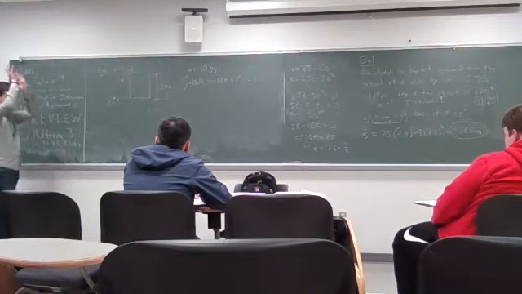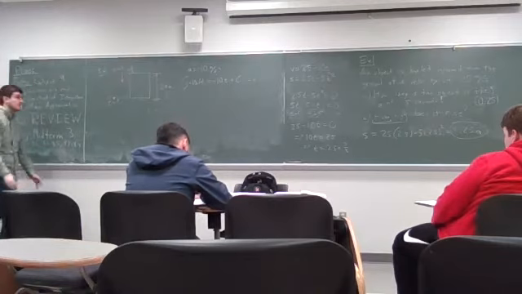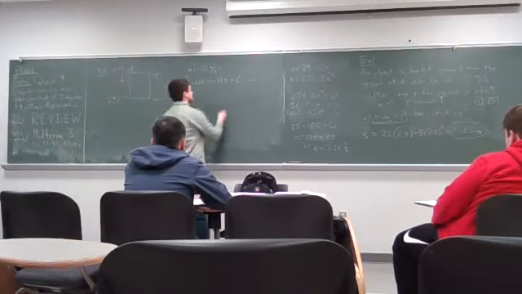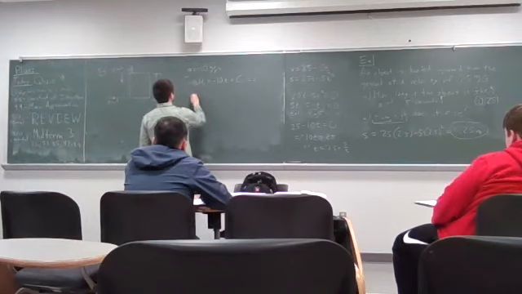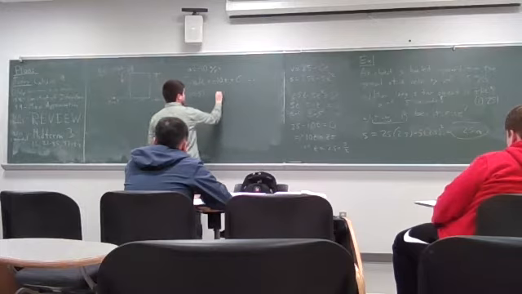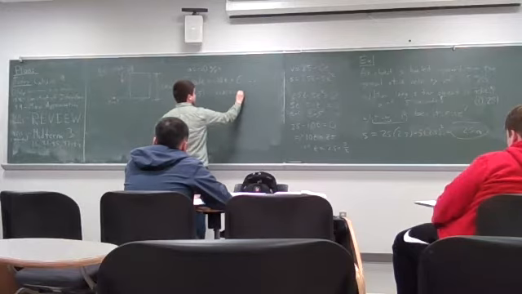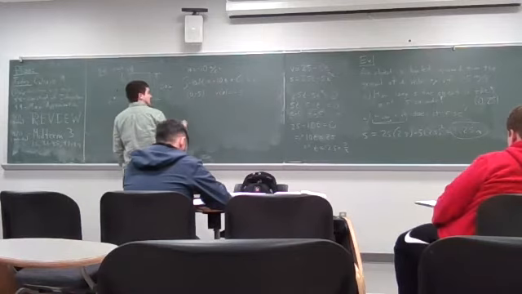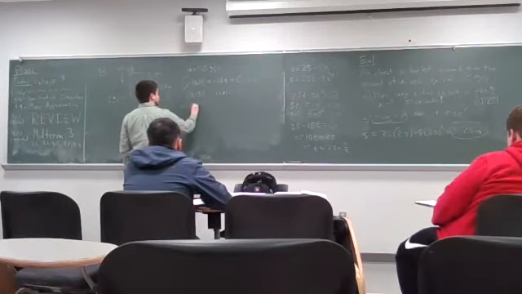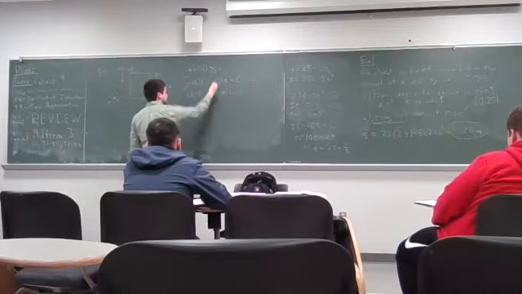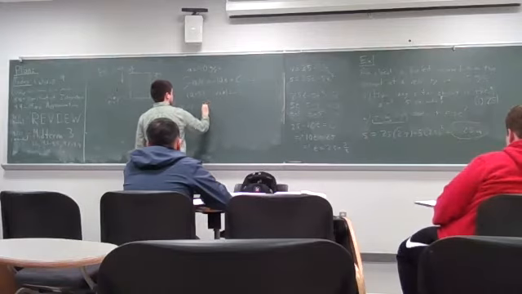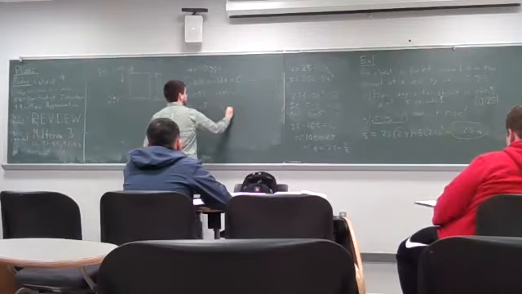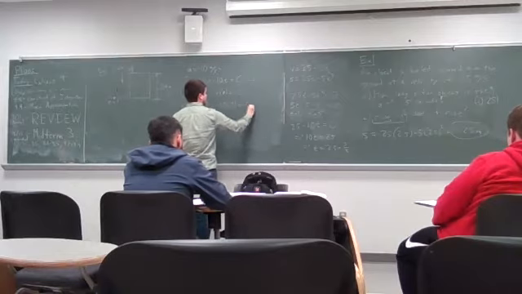Because I'm not shooting it upwards now, I'm throwing it downwards. So my initial velocity is -5. In other words, v of 0 should be -5, which is -10 times 0 plus C1.